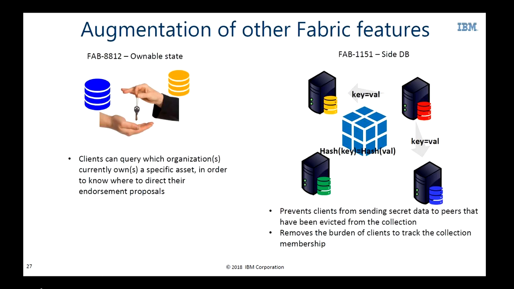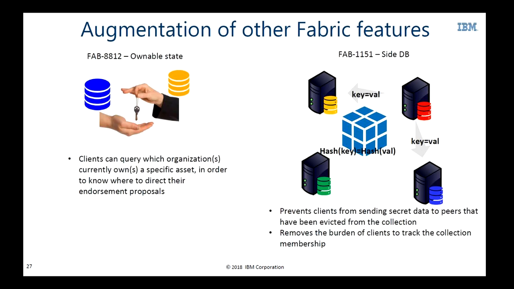Yes, and I would also like to talk about how this feature augments other public features. For example, we have a feature that is experimental in 1.1 and will be non-experimental in 1.2, which is called private data.